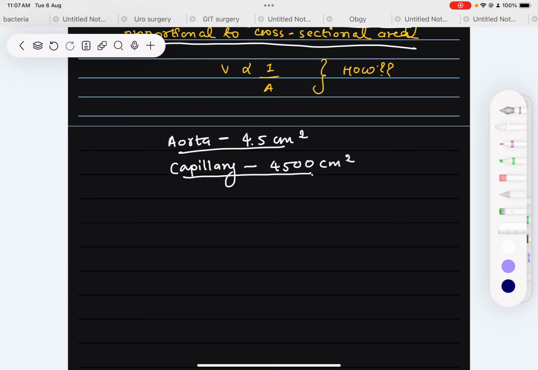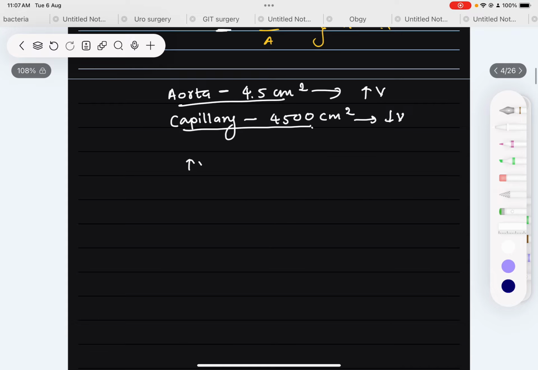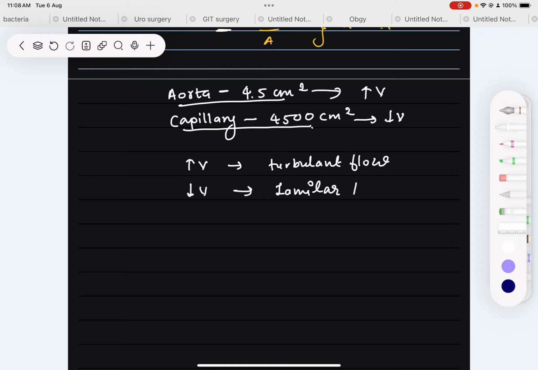So we have learned that velocity is inversely proportional. So in the aorta, velocity will be increased, and in the capillaries it will be very low. If velocity increases, it is going to be a turbulent flow of blood, and if velocity decreases, then it is laminar flow.